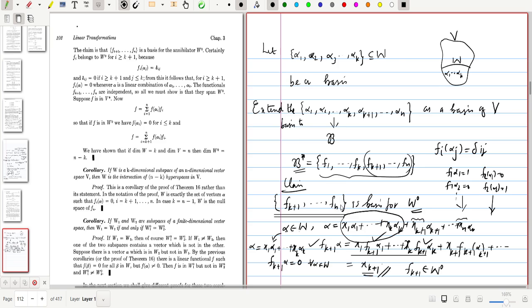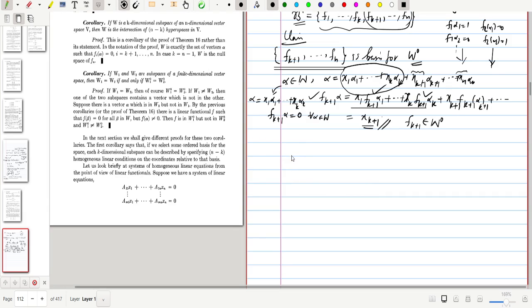So we start with f from this V star, in W naught.